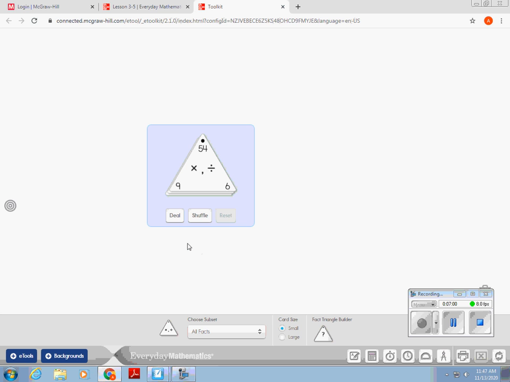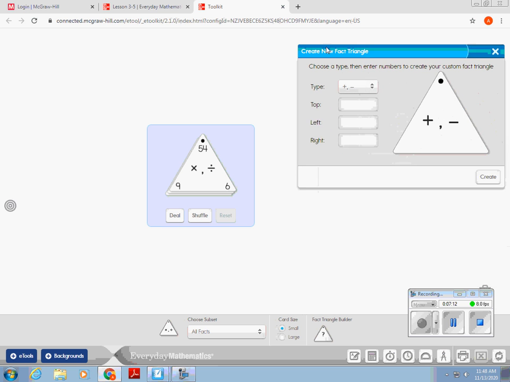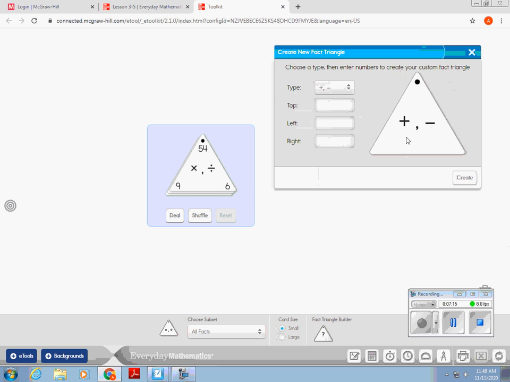You can build your own by going down here to where you build your own and drag that out. Pull this over, and then you choose which one you want. Say you're having trouble with 42.